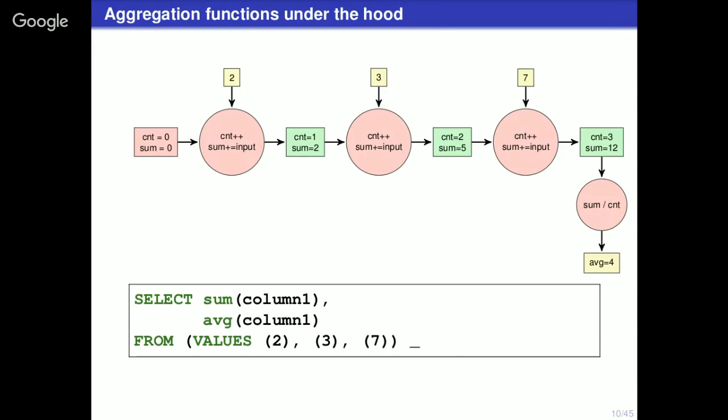State variable type is a composite type, two numbers, count and sum. On every step, we increment counter and we add input value to the sum. And final function is division. We divide sum by count and get the result.